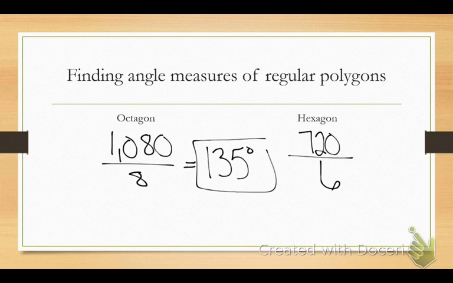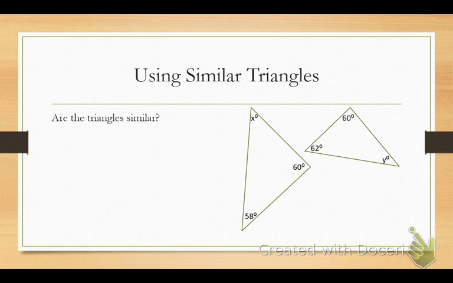To find 1, 720 divided by 6 is 120 degrees. Okay? Do you see the difference? You just have to read the directions. I'm probably going to drop that hint tomorrow after I hand out the test, but just in case I don't, each individual means find the sum and divide by the number of sides.